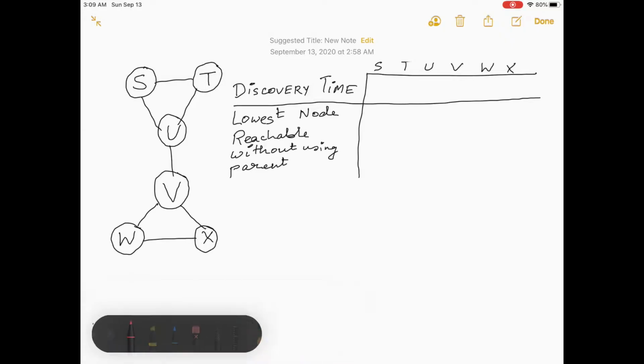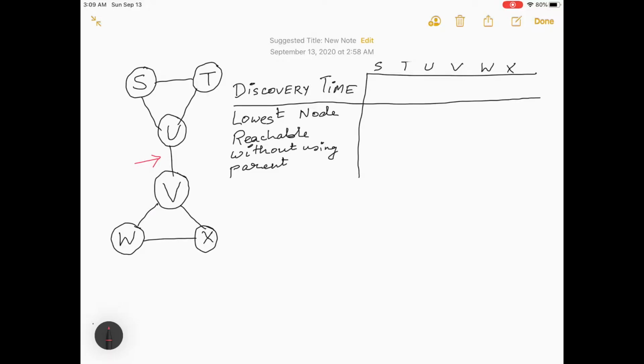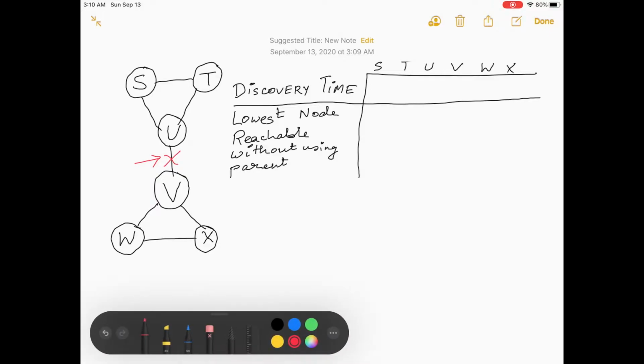So for this graph, you can see the bridge would be the edge uv, or you can take the edge from any direction. You can even say the edge is vu. It does not matter, because if we remove the edge uv, the graph will become disconnected.